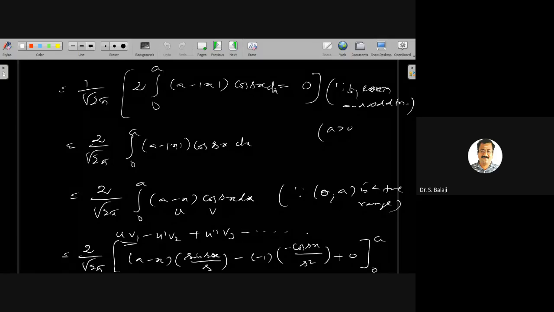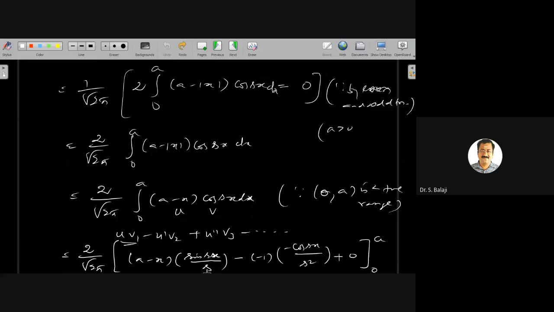Therefore you can write root of 2 pi pi. First function u as it is, a minus x. Then the integration of cos sx will be sin sx by s, with respect to x.